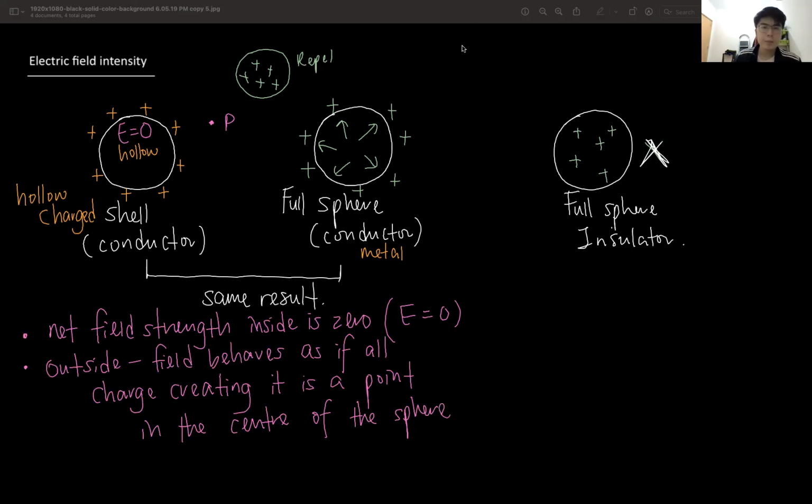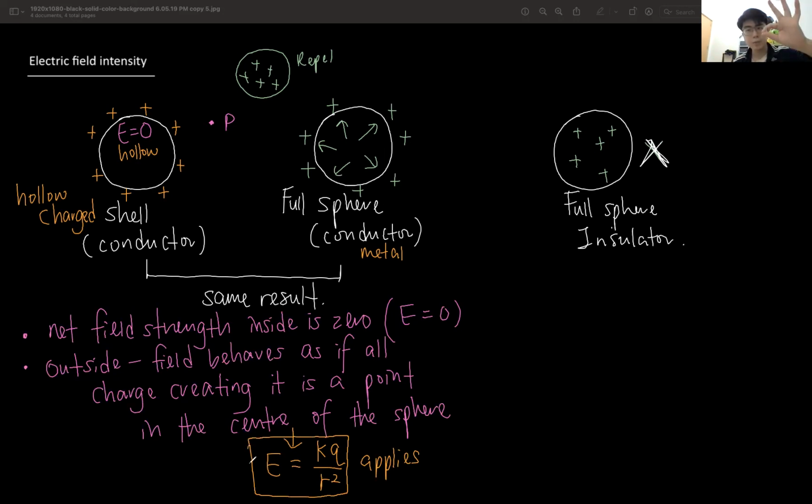That means outside, we are treating the charged sphere as a single point. So if we are treating it as a single point, that means our formula for electric field strength of a point applies. Where do we get this formula? This is from the first one, right? The electric field strength of a point source.